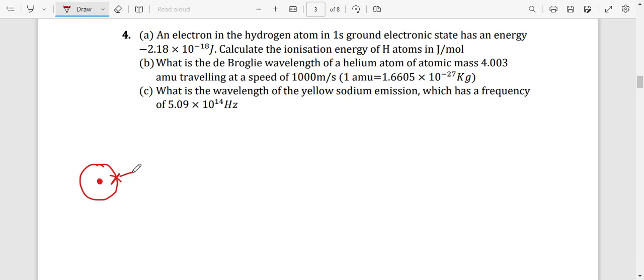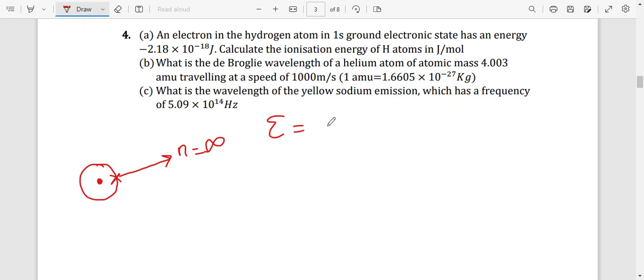Now ionization is the loss of the electron from this 1s orbital to n equal to infinity. When an electron moves from any energy level to the infinite energy level, the energy required for that to happen is what we call ionization energy.